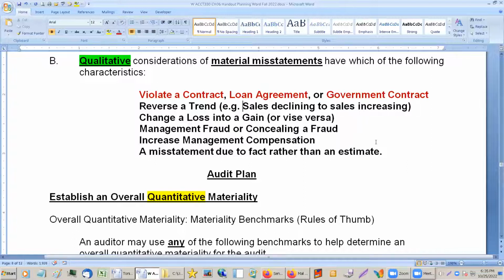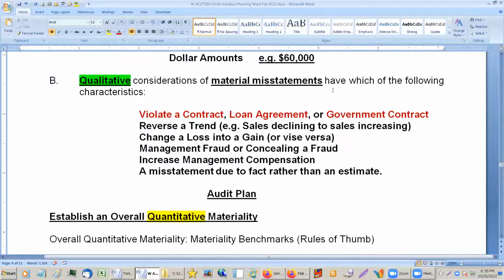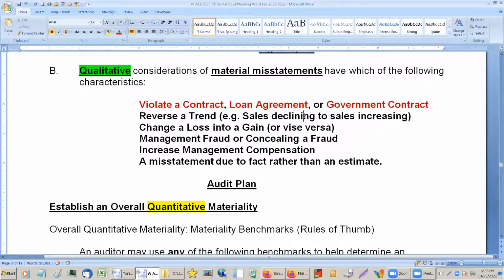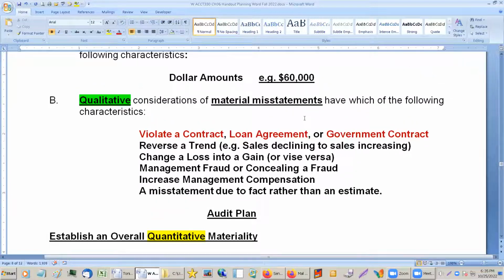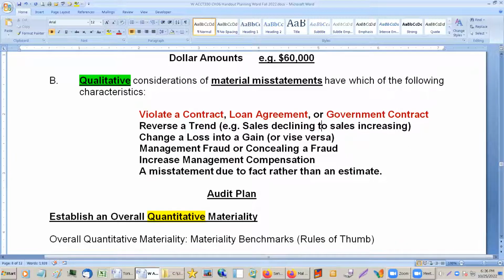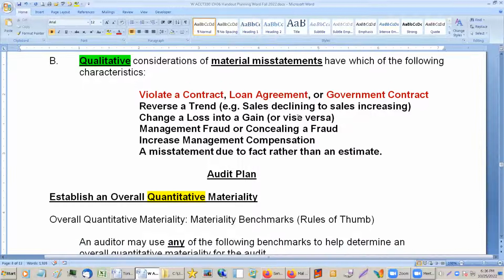So they'll say the dollar amount is 60,000, and they say, oh, you know what? If we just add 20,000 onto our sales, it will look like they went up from one year to the next. And sales increasing from one year to the next is a big deal.